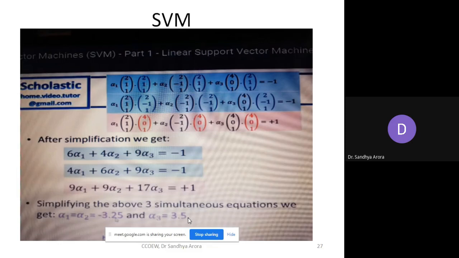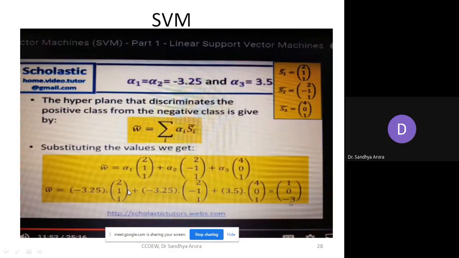Here x1 is the point S1, this is the S2 point, this is the S3 point, the support vectors we took. And these are alpha 1, alpha 2, alpha 3. You already found the values: minus 3.25, minus 3.25, and 3.5. Put them in this equation and solve.